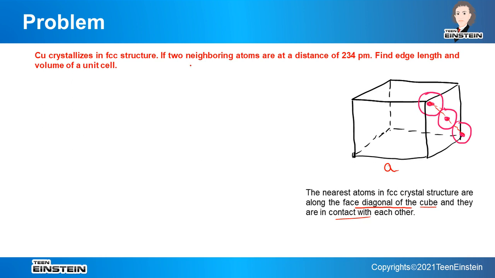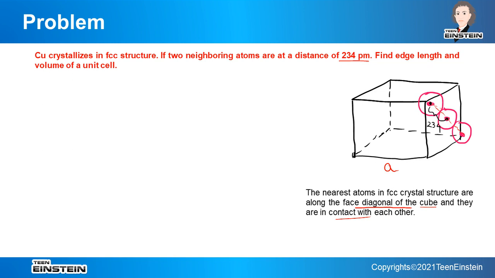Now here this 234 picometer value is given. It is actually the nearest distance. That means if we consider the center of one atom and the center of another atom which are touching each other, this distance is actually 234 picometer.